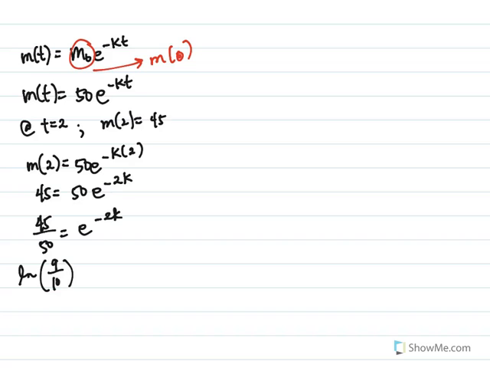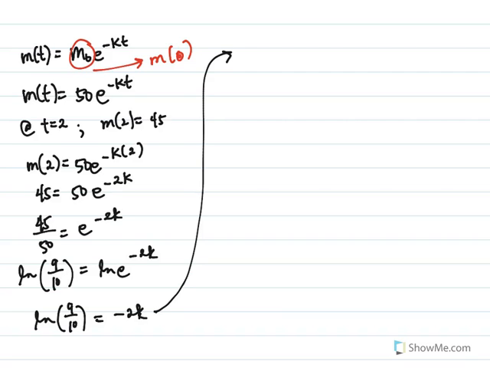So I put here 9 over 10 instead of 45 over 50, is equal to ln of e to the negative 2k. So you will have ln 9 over 10 equals negative 2k, no?